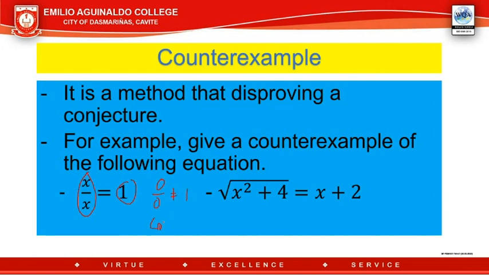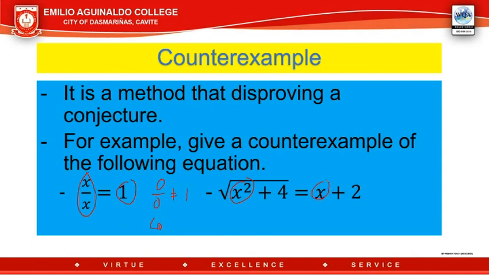Okay, so the next one: the square root of x squared plus 4 is equal to x plus 2. This is not a special product, and it is not a perfect square. What we're going to do here is to substitute a value for x.